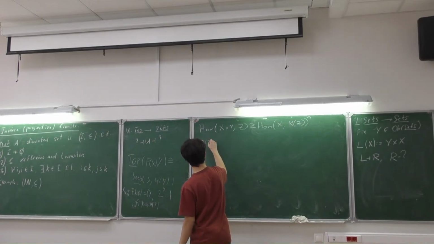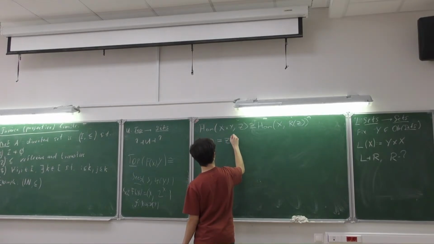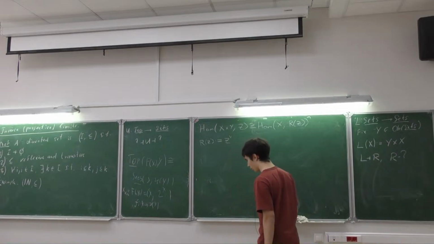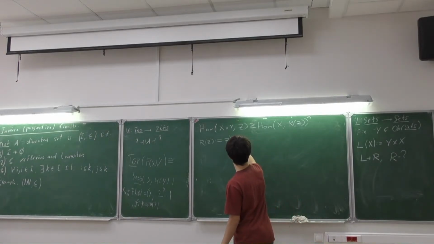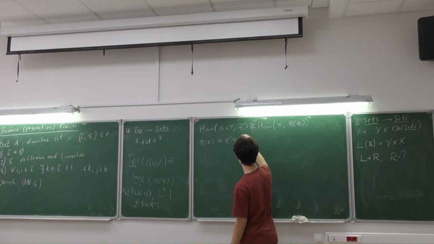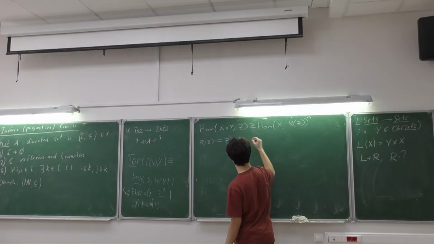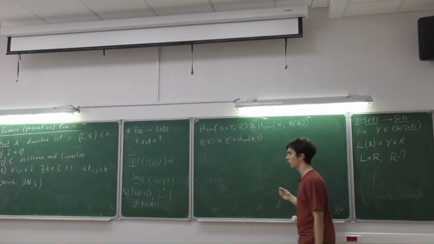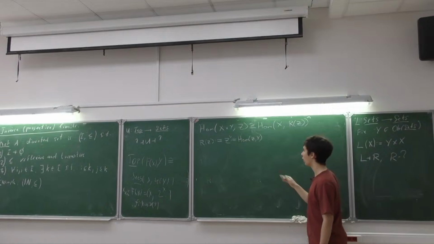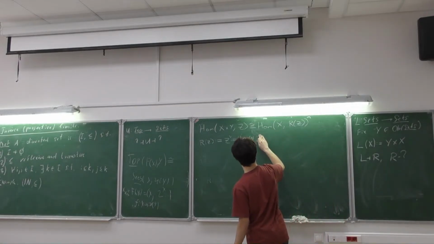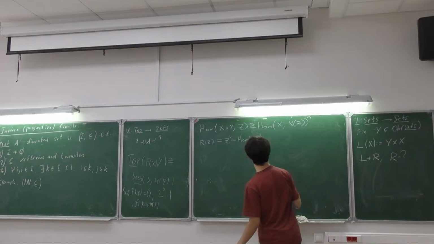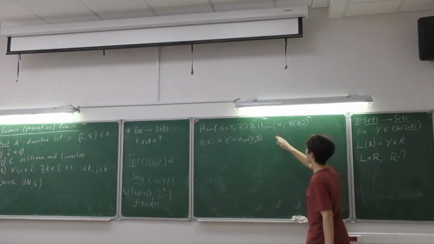Let's put our functor equal to z powered y, which means maps. I think it's the other way around. This is from y to z. Oh, okay, yeah. So, all homs in sets.